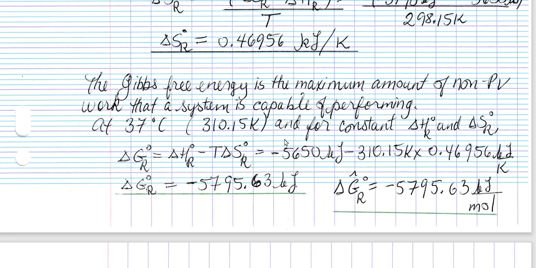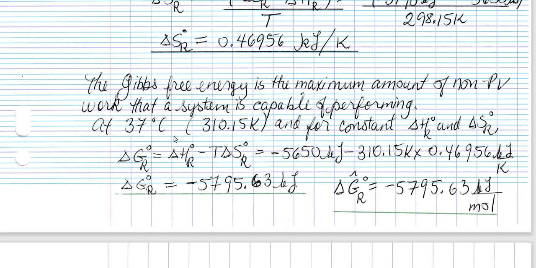Putting in the delta H that was given, along with the delta S computed at 25 degrees Celsius, and using the new temperature, the delta G of the reaction as written is found to be negative 5795.63 kilojoules.